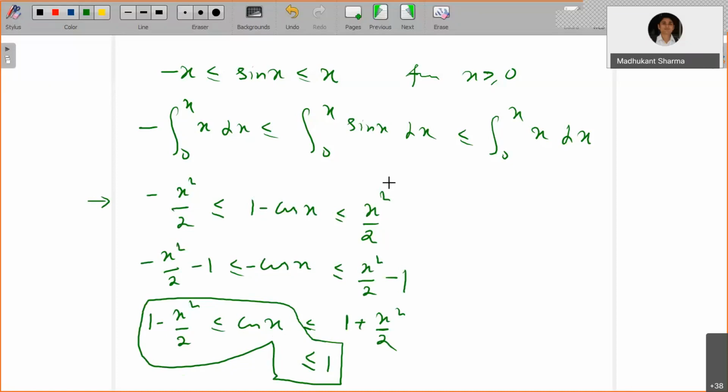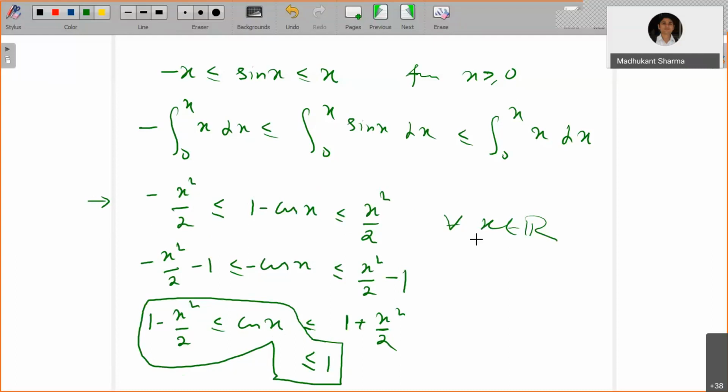And this result is also true for every x in R. So whether x is greater than 0 or less than 0 doesn't matter. We started with x greater than or equals to 0, but because cos is an even function, this remains true for every x in R. So then you can still divide by x, and then you can apply the limit.